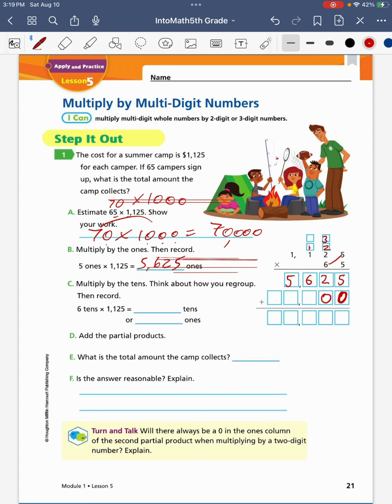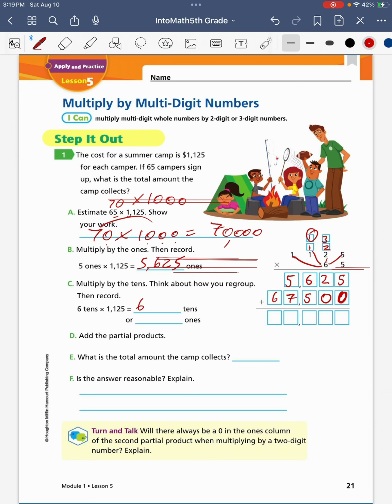I place my 0 in the tens place and carry a 3 over. 6 times 2 gives me 12 plus an additional 3 for 15. Place the 5 down in my hundreds place and carry my 1 over there. Now I do 6 times 1, which is 6, plus an additional 1 from up here. That gives me 7. Lastly, I multiply 6 times 1 for 6.